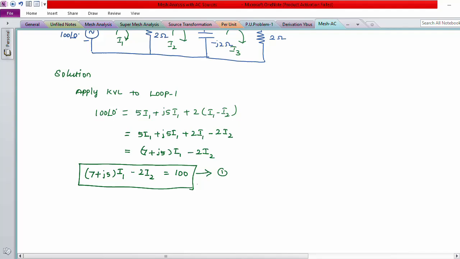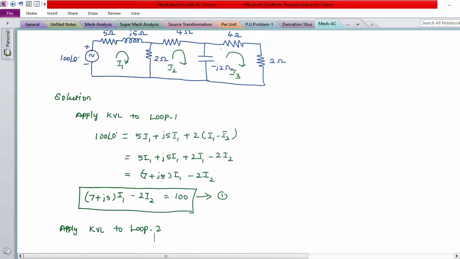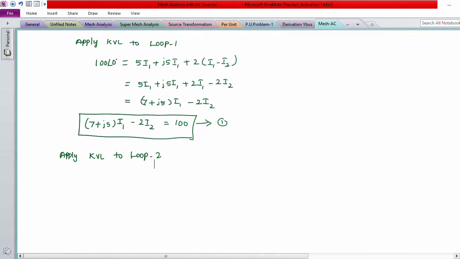Now similarly apply KVL to loop 2. We have to check whether any voltage source is connected in loop 2. In this case, there is no voltage source connected in loop 2, so we take it as 0.